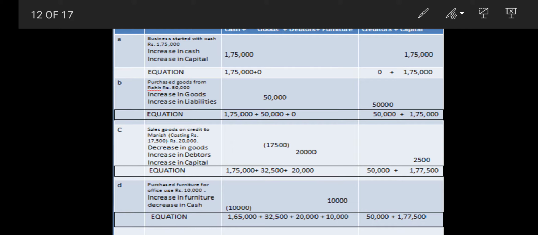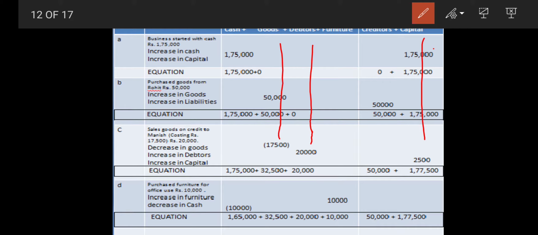So in this case, goods is decreased by 17,500. That is very much understood now. And here a new column, debtors, will be created, that is 20,000, and the capital will be increased by 2,500. Why is capital increased? Because we are earning a profit, that is, goods worth 20,000 are sold, which originally cost 17,500.